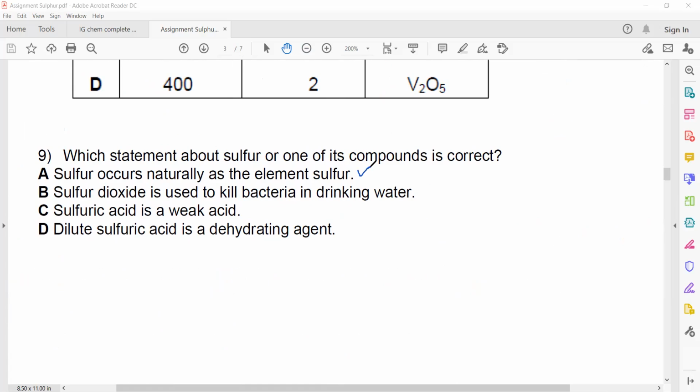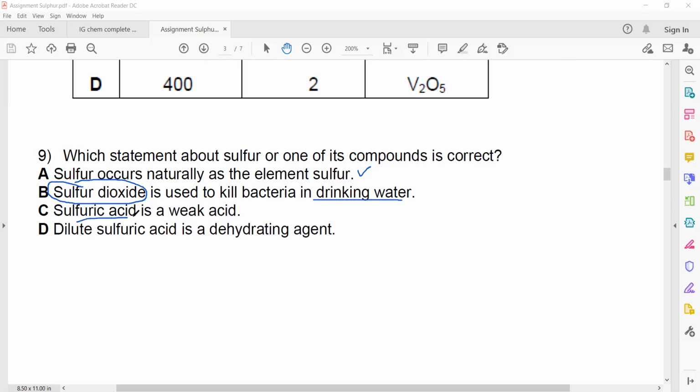That's true. I told you how a sulfur exists. It exists as a sulfur solid, a yellow solid. Sulfur dioxide is used to kill bacteria in drinking water. In a drinking water, we do not use sulfur dioxide. What we use? We use chlorine to kill bacteria.